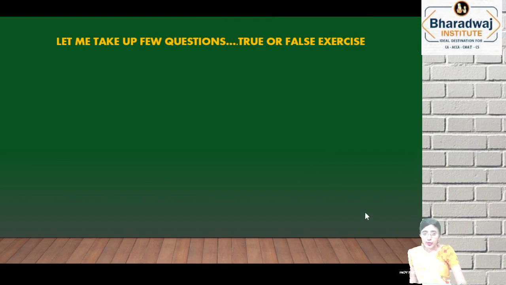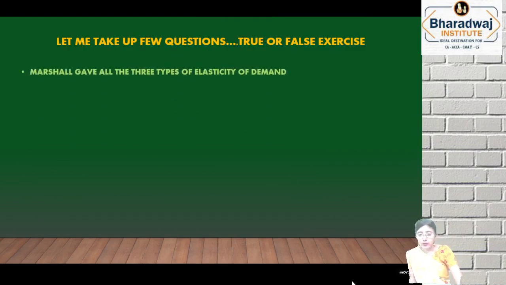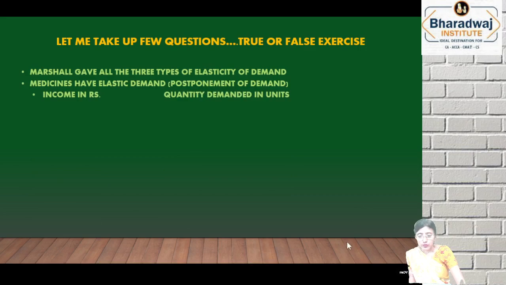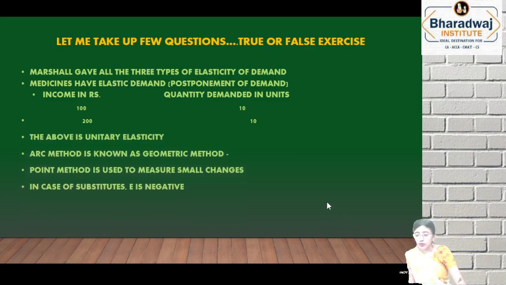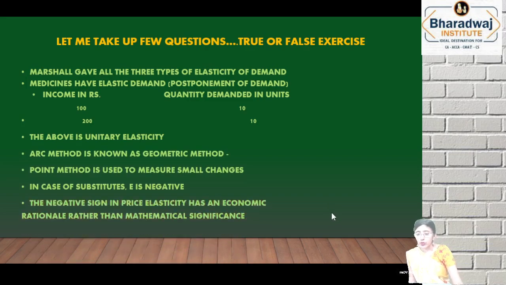Okay, take up a few questions now. You are going to do these questions, okay? It is like a true or false exercise. Marshall gave all three types of elasticity of demand.